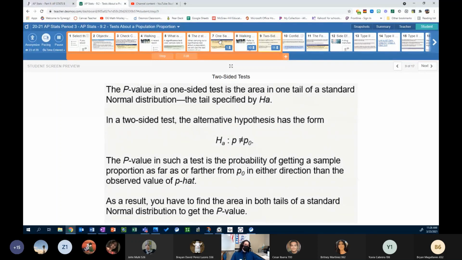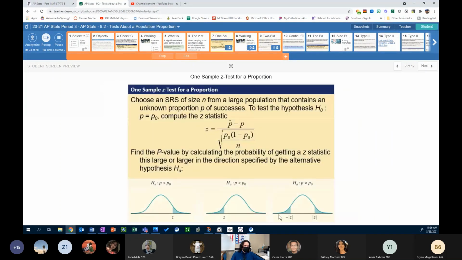If we look back at our picture on screen 7, we have our one-sided test, the first two curves. The two-sided test is this last one where we get a z statistic and we find the area under the curve that is less than the negative value of the z statistic, and what's greater than the positive z value.